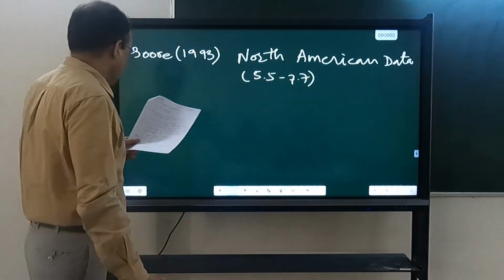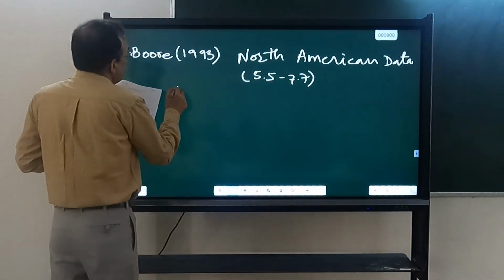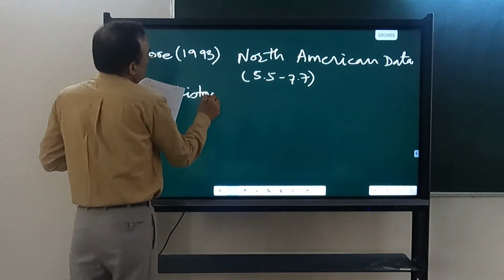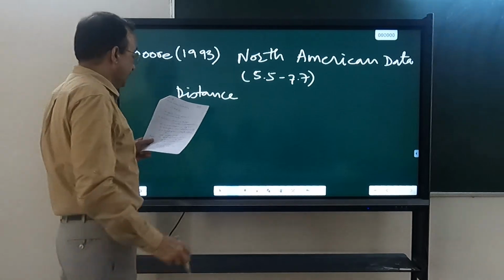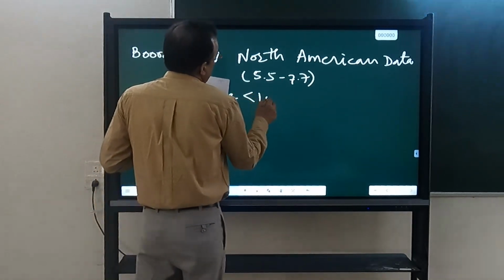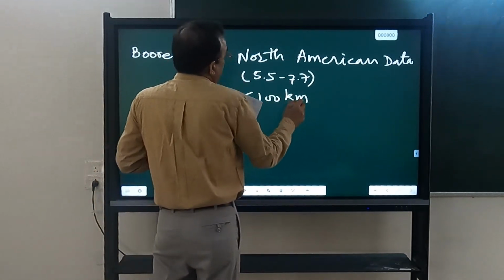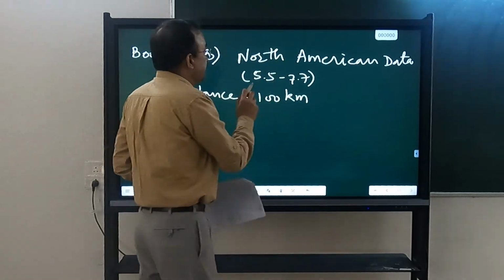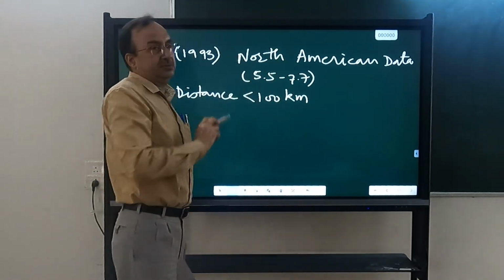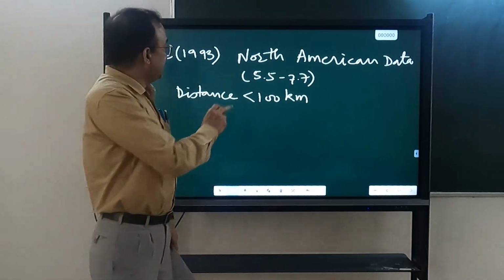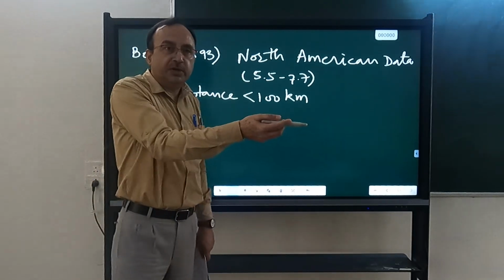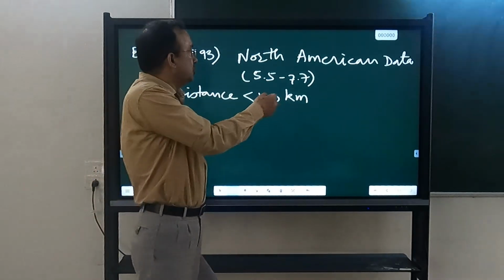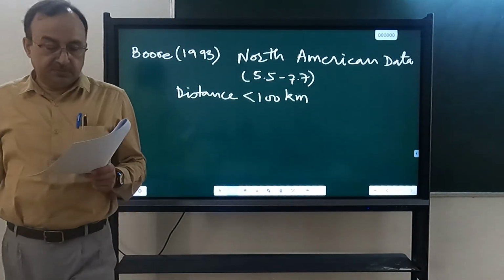And the distance for which the records were available, or they used, was 100 kilometers. So we have to keep in mind that this attenuation relationship will be valid only in this range. Distance less than 100 kilometers, you can't use it beyond 100 kilometers because that was not used while developing the relationship.